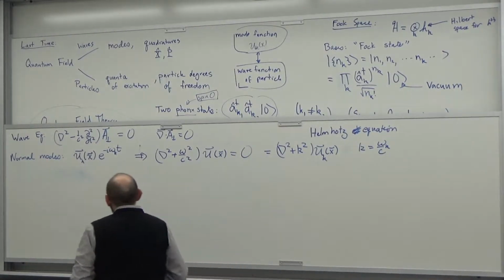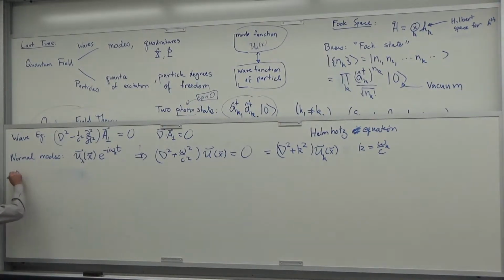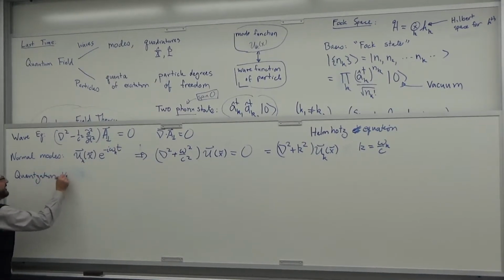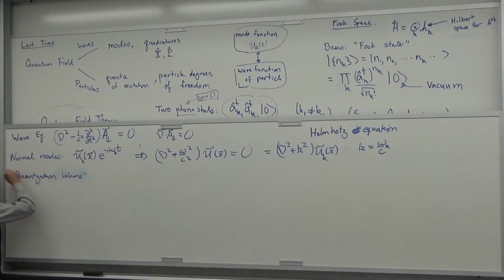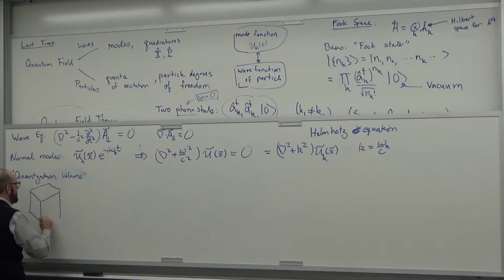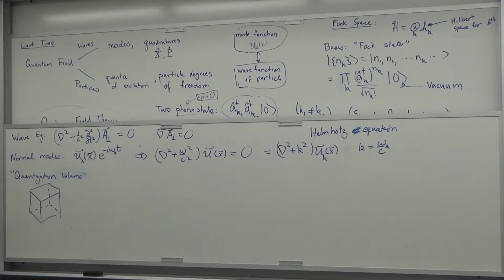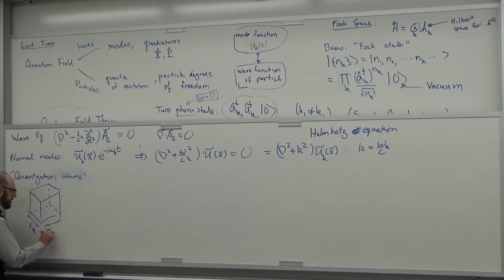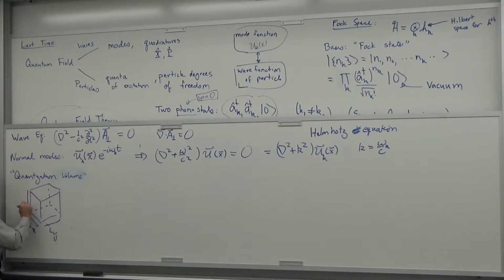Now, typically what we do is we create what we call a quantization volume. This is just a fictitious volume which allows us to put boundary conditions on the system, with some length along each of these directions.